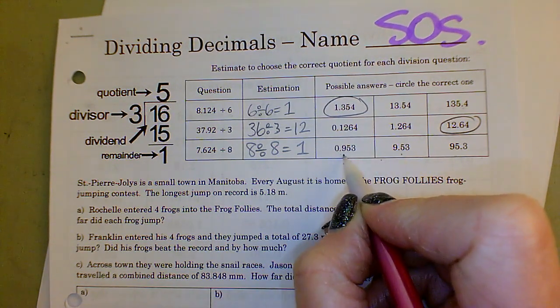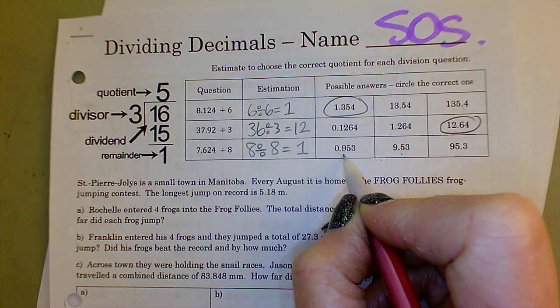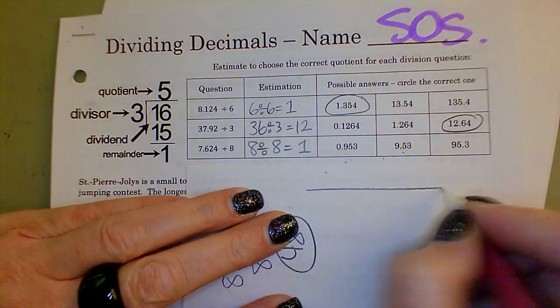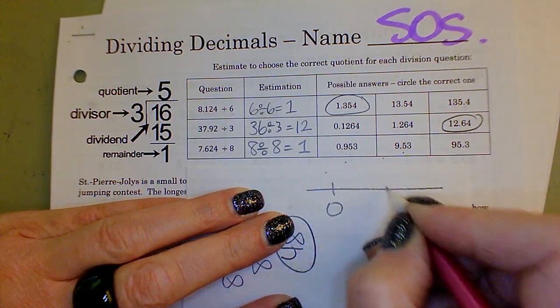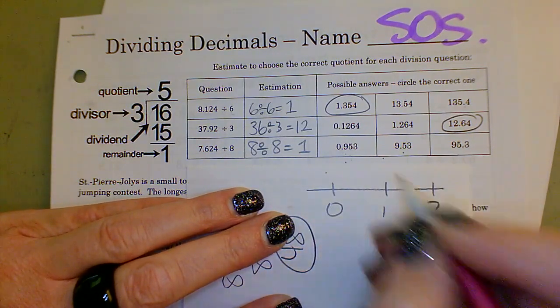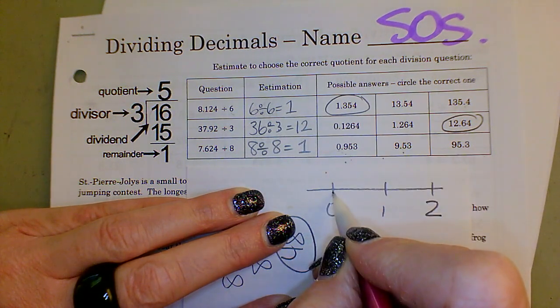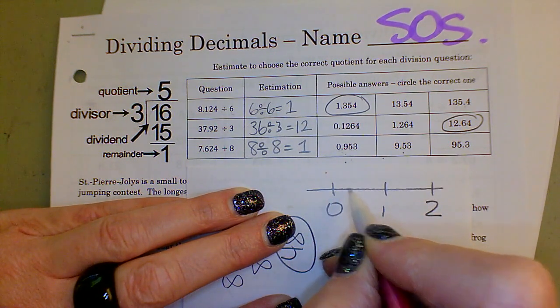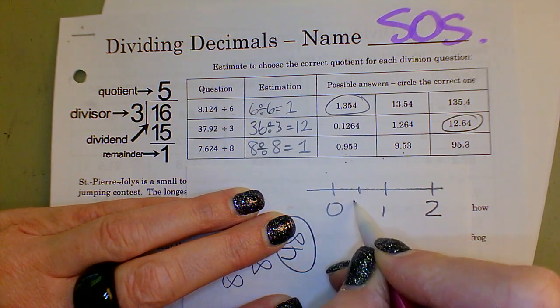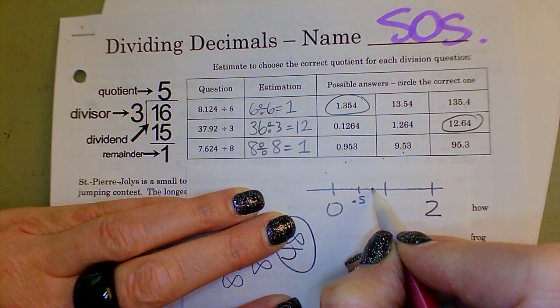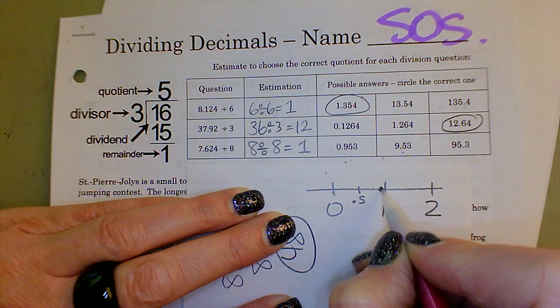I have decimal 9. Where is decimal 9 on a number line? So we've got 0, and I've got 1, 2. Where would decimal 9 be? So 0, and then this would be decimal 1, decimal 2, decimal 3, decimal 4, decimal 5 is halfway. Decimal 6, 7, 8, 9.